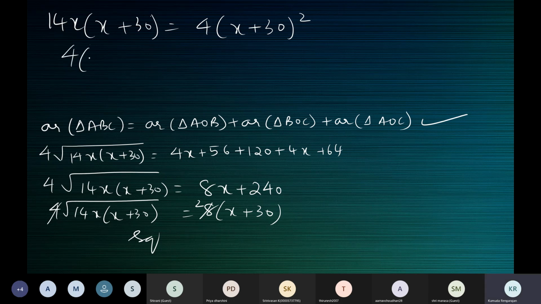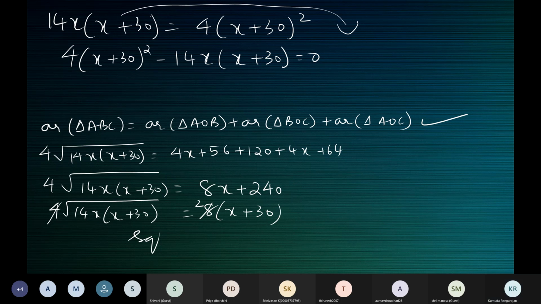Now it's like you're transposing, you're bringing this here, you're bringing this here. So 4 into x plus 30 the whole square minus 14x into x plus 30 is equal to 0. Again, you find something common.